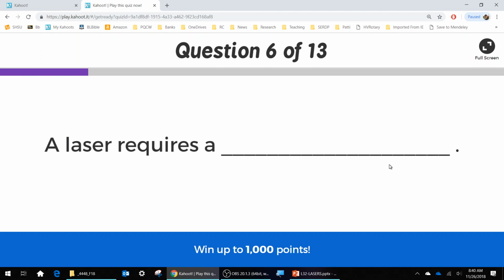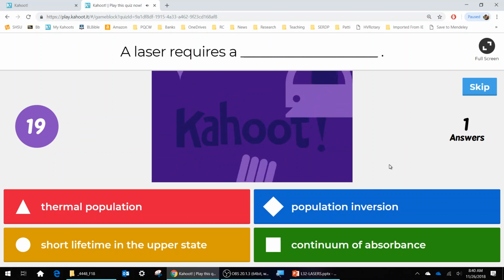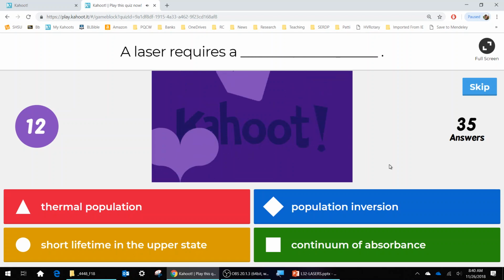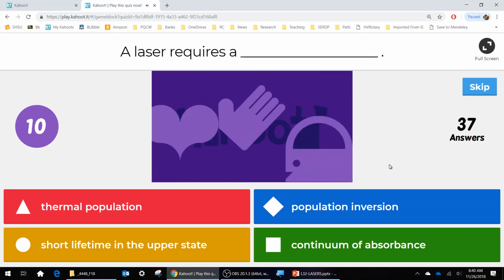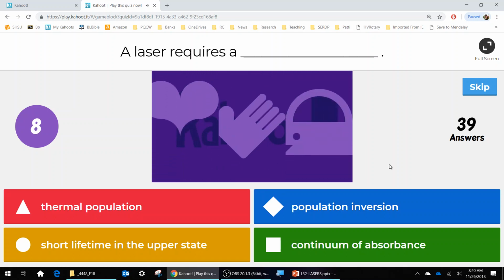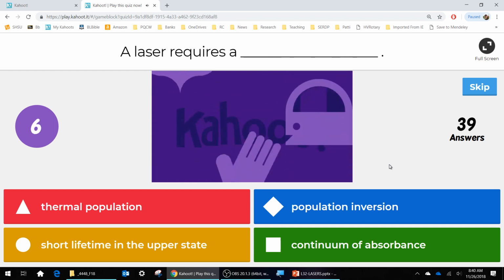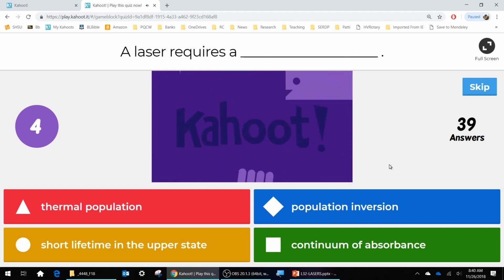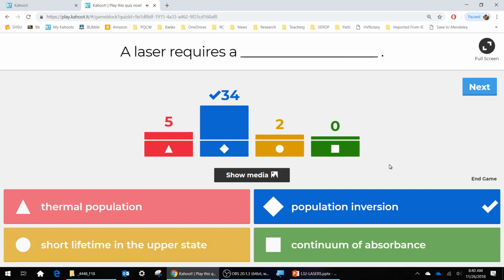A laser requires a blank. A thermal population, a population inversion, a short lifetime in the upper state, or a continuum of absorbance. Good. It's population inversion.